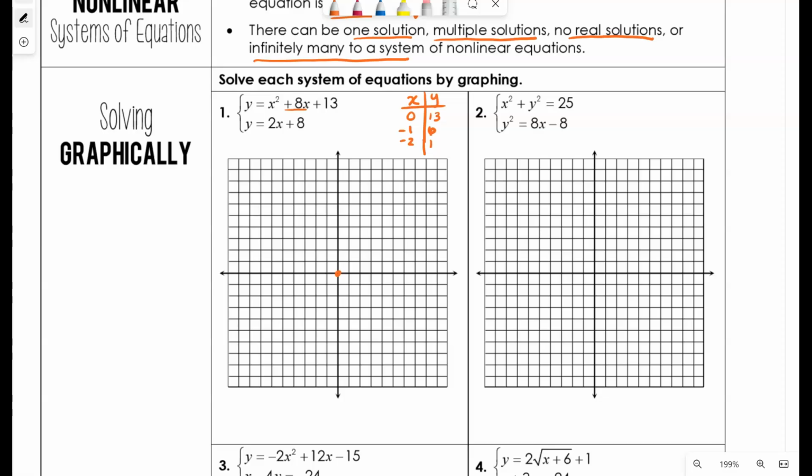So then let's go ahead and plug in -3. When I plug in -3, that would give me 9 plus 8 times -3 plus 13. So 9 minus 24 plus 13 is going to give me -2.